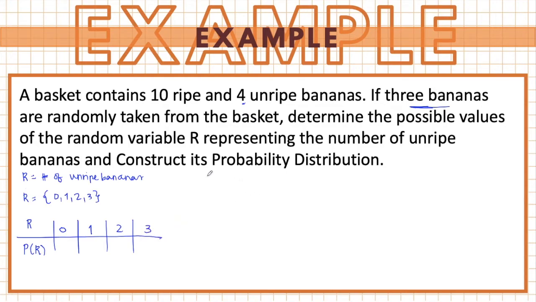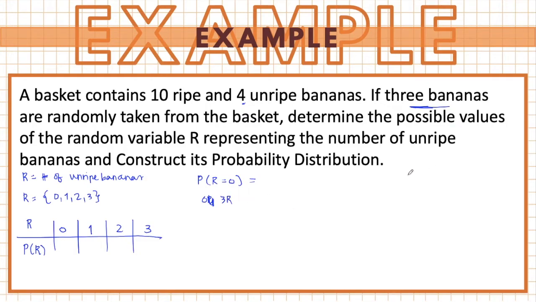Okay, so let's solve for the probability of each. Let's start with the probability that r is equal to 0. So here, wala tayong makukuhang unripe bananas, and then the rest are ripe. So that will be 3 ripe. Okay? So, 0 unripe bananas and 3 ripe.